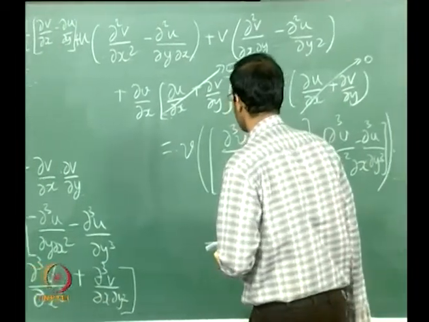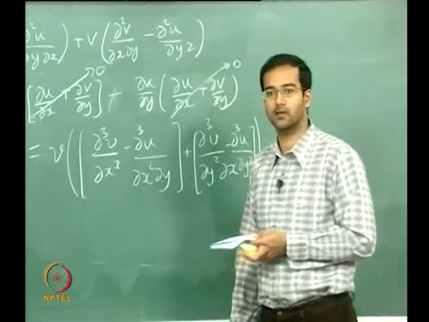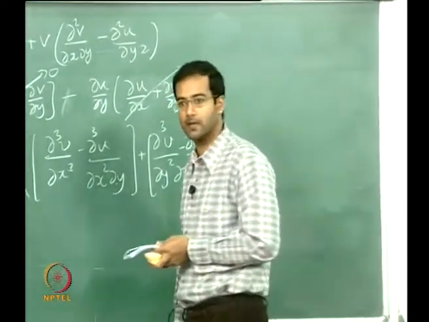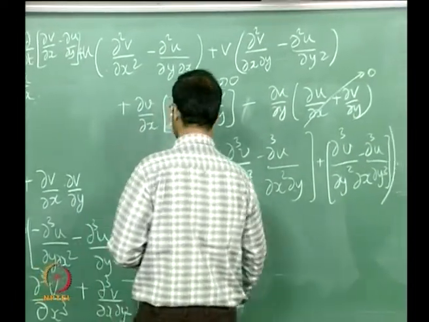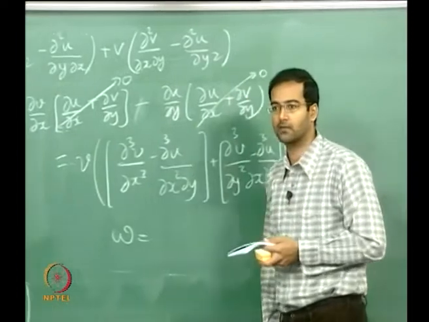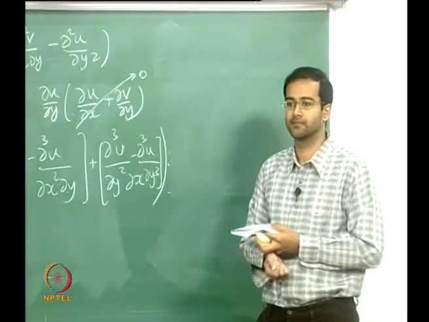Now what I am going to do is to introduce a function called the vorticity, which you are all familiar with. So how do we define vorticity? Many of you can recollect from your incompressible flows.